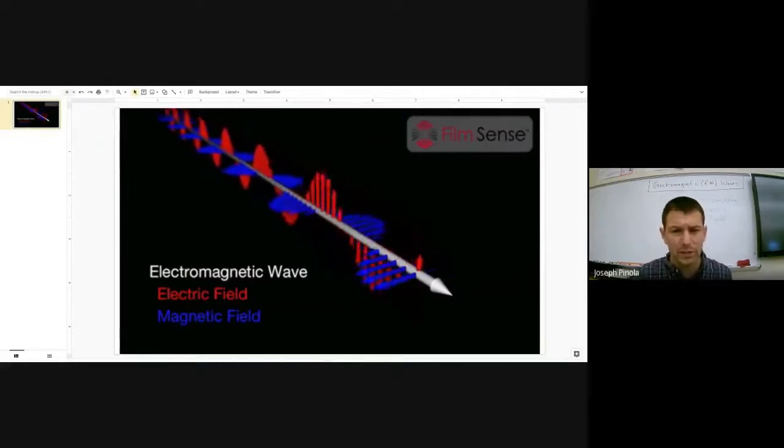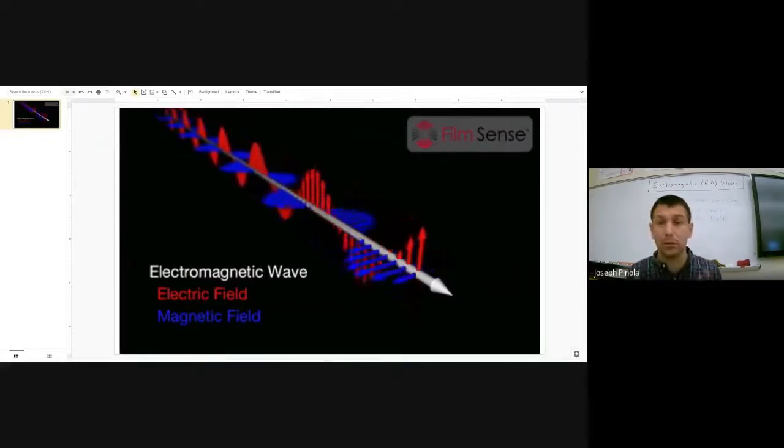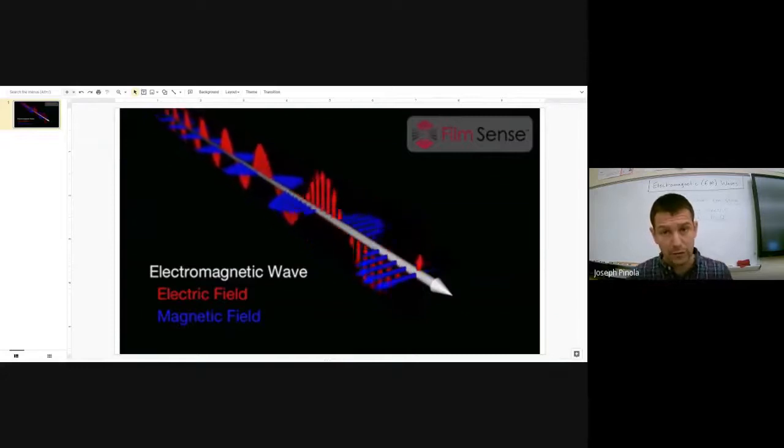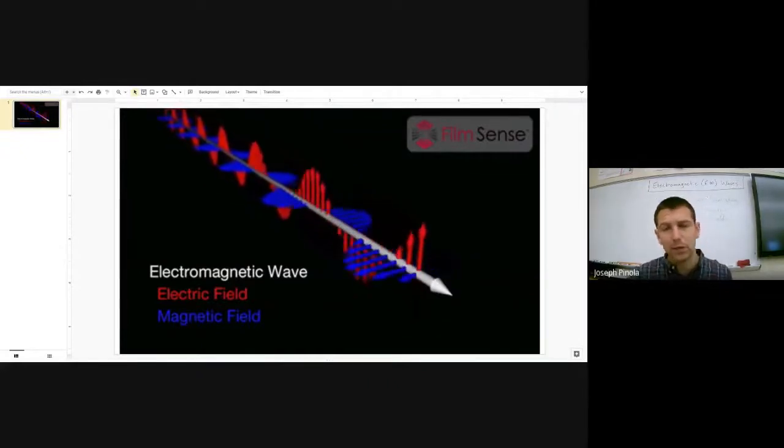This is what a transverse wave looked like, just like our last unit. However, you'll notice something different. It almost seems that there are multiple parts to this wave. We have the red parts of the wave, which represent, according to the key on the bottom, the electric field, and then the blue parts of the wave, which according to the key represent the magnetic field.